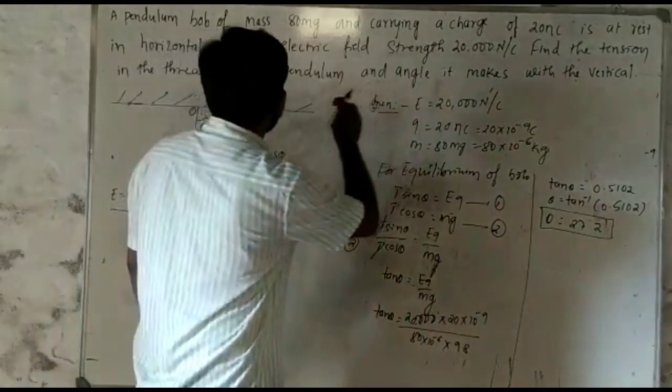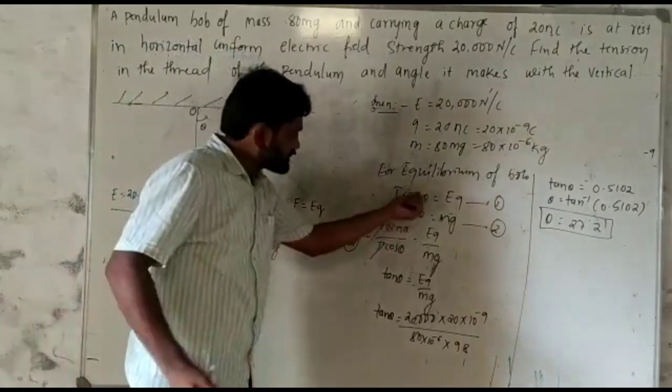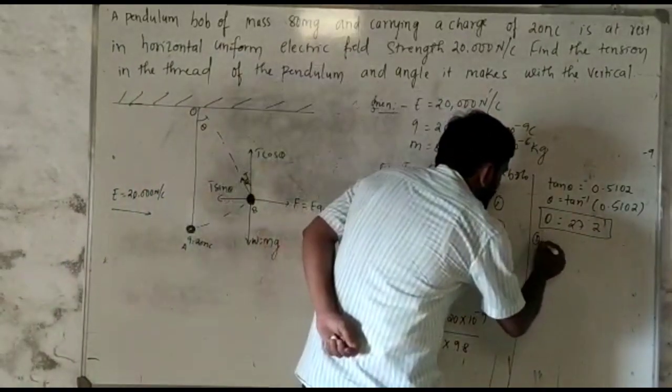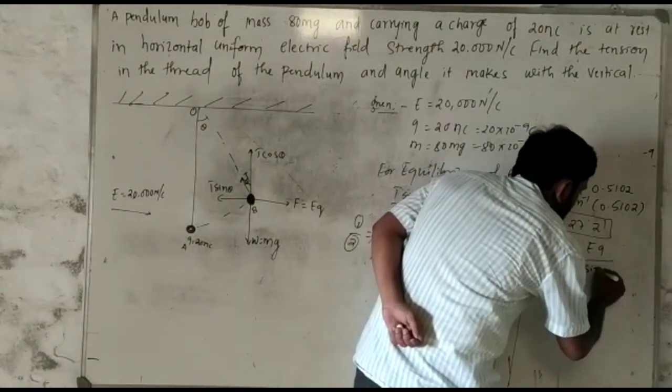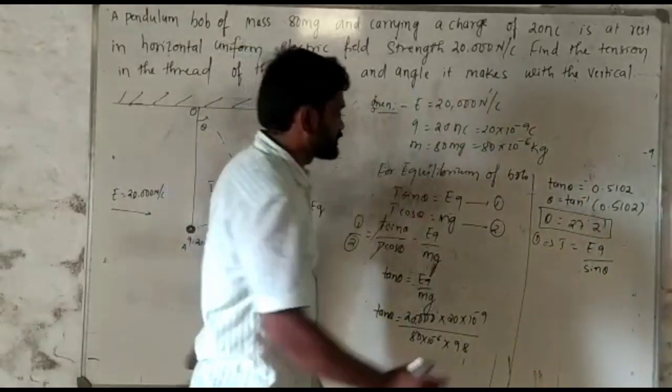Now we find the tension in the thread. How can we find it? From equation 1, T is equal to EQ divided by sin theta. We know the values of theta, E and Q, so substitute.